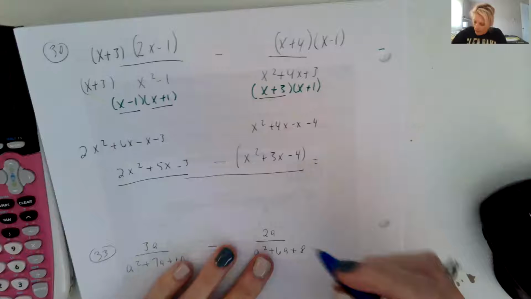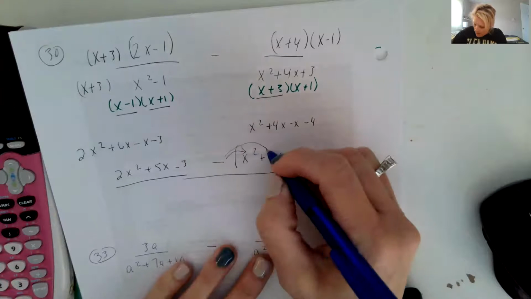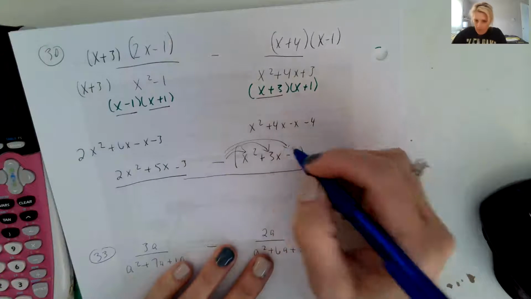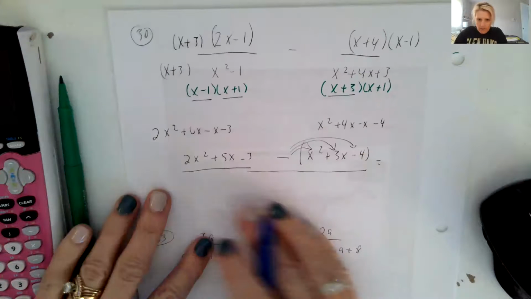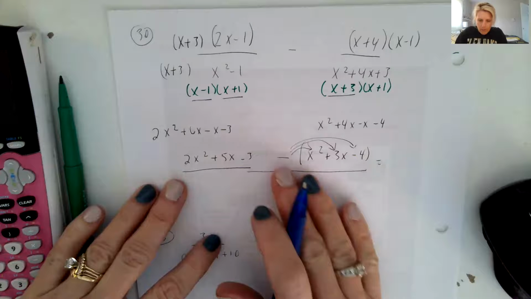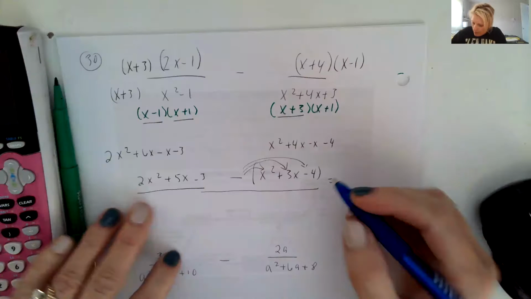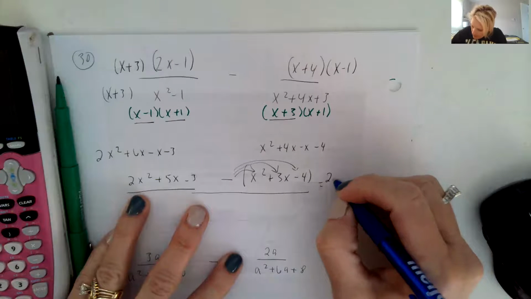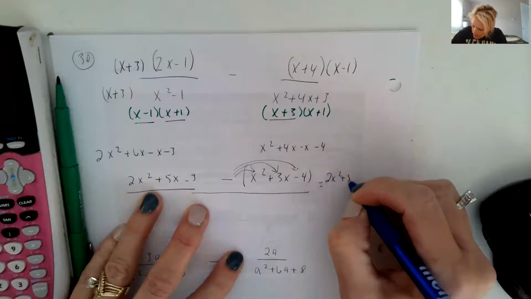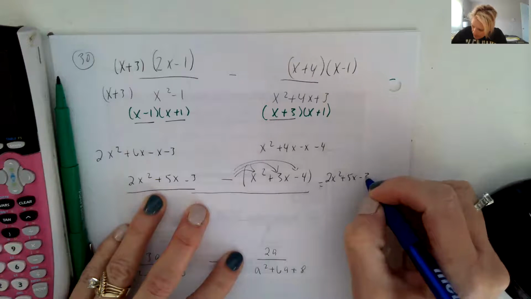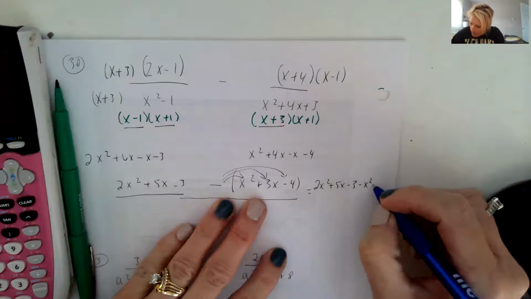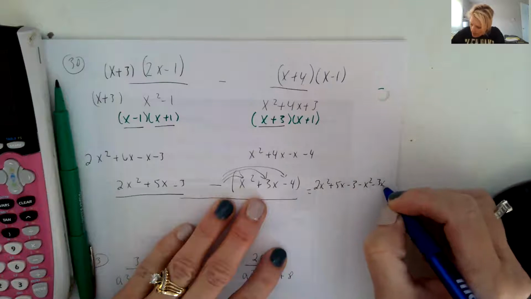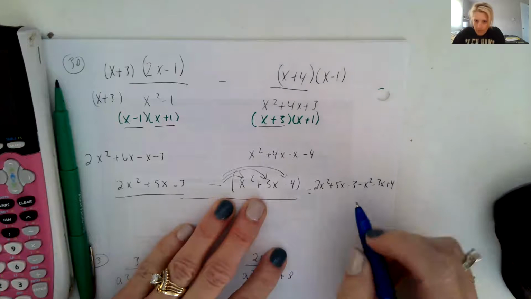And then when we distribute the negative, let's just not worry about our denominator right now, but this is going to be 2x squared plus 5x minus 3. Distributing the negative, we'll have a minus x squared minus 3x plus 4.